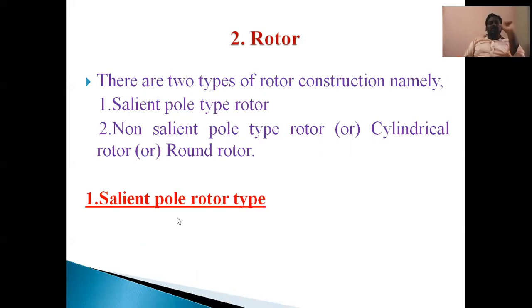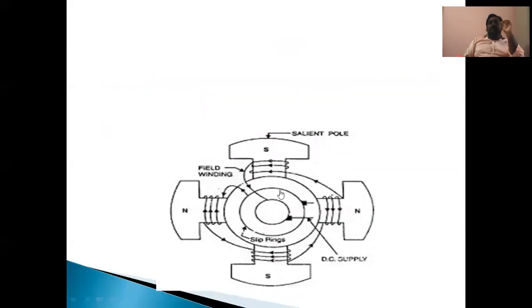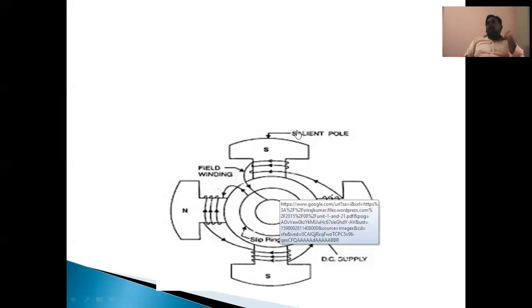Salient pole type rotor means that in this rotor, the poles are projected out from the rotor surface. When the poles are projected out from the rotor surface, that type of rotor is called a salient pole type rotor.